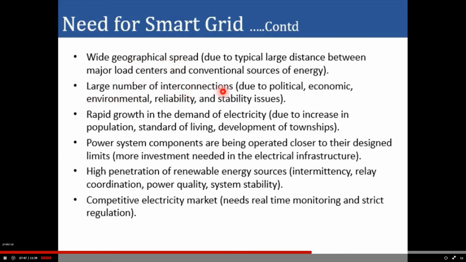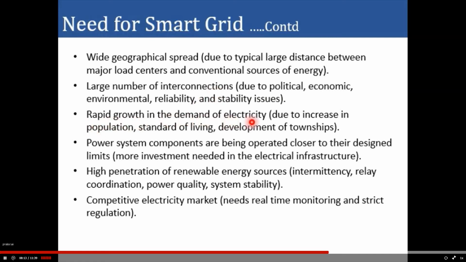We have a large number of interconnections because of political, economic, environmental, reliability or stability based reasons, and this will again cause some issues, because when you have large interconnections, the power flow needs to be properly monitored and controlled in an almost real-time environment.